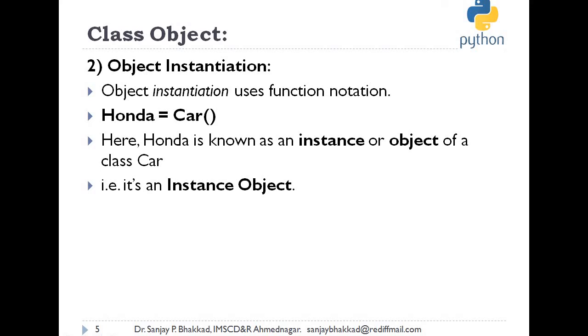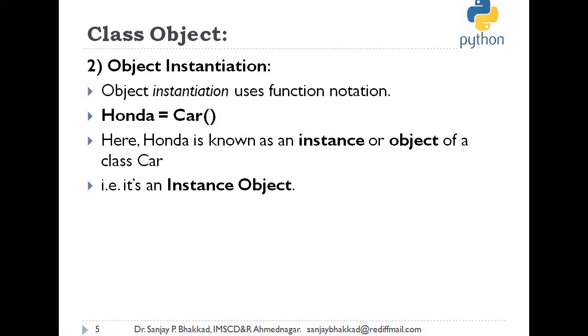Now the second operation supported by class objects is object instantiation. Object instantiation uses function notation. It means just pretend that a class object is a parameterless function that returns a new instance of the class, and it can be done like this. You write the object name is equal to the class name followed by the function notation.